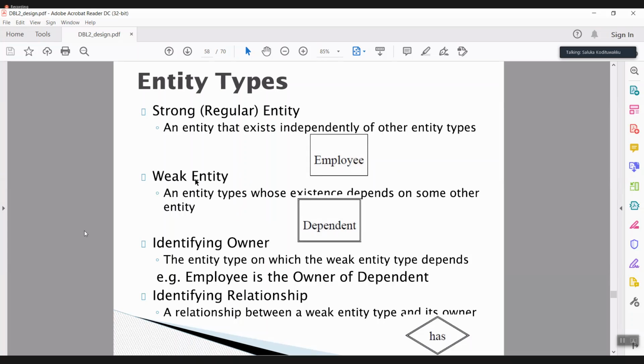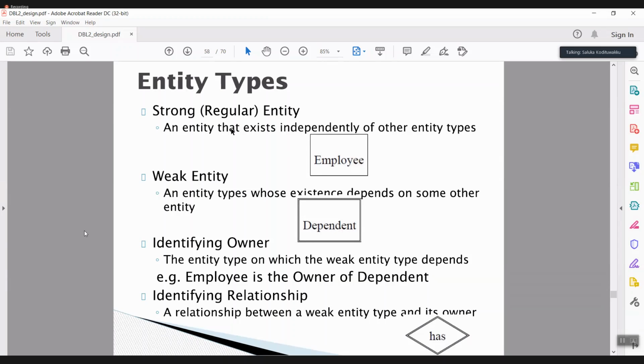A weak entity means an entity which cannot exist without the existence of a strong entity. It can exist only if there is another strong entity. For example, dependent. There cannot be a dependent without an employee, because a dependent means the employee's associate. Without an employee, there is no dependent.